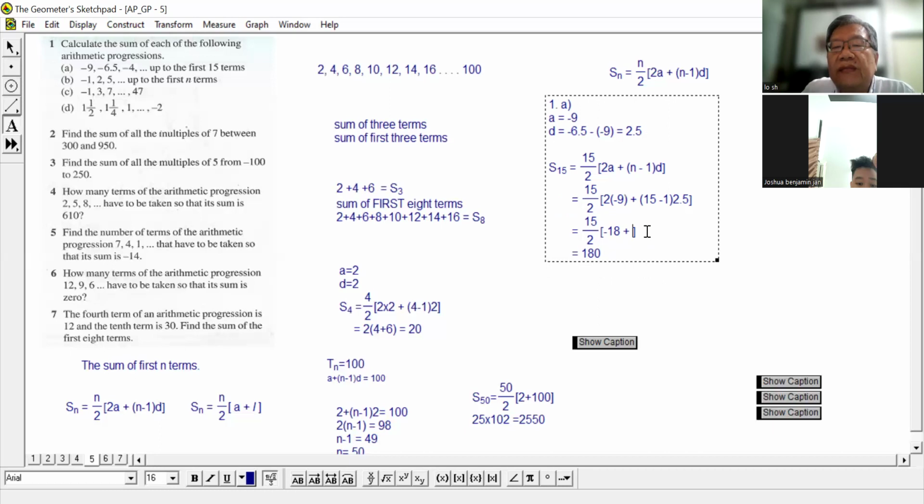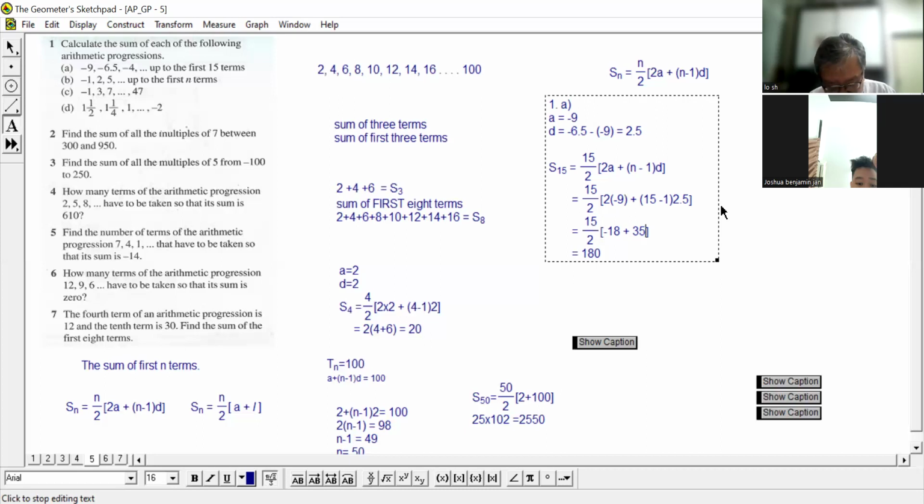14 times 2.5 is 35, correct. 35 minus 18 is 17.